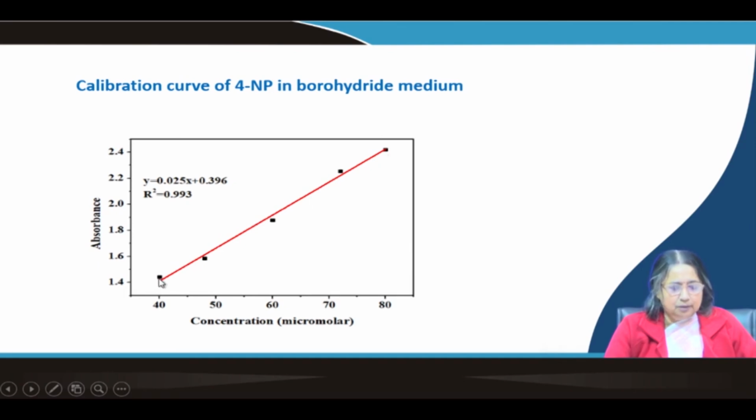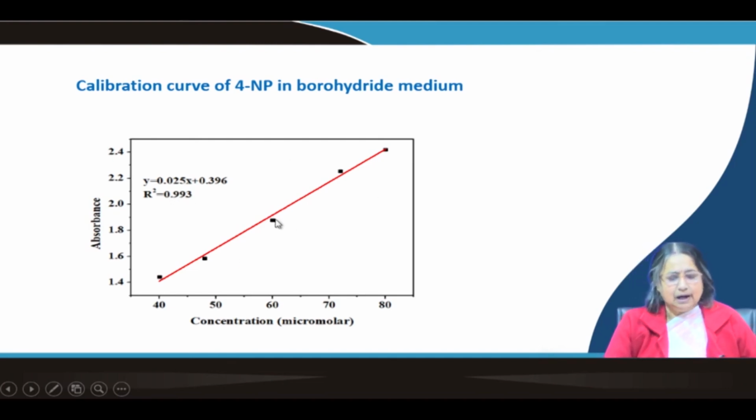This is a linear plot, the Beer's law curve I told you about. We can see how good it is from the R square value, it is very good, 0.99.